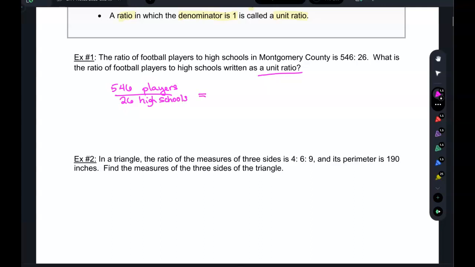So we're going to use our calculator. Hopefully you have your calculators ready for this lesson. You will need it. So we're going to divide, and we get 21 players per high school. So that would be a unit ratio.